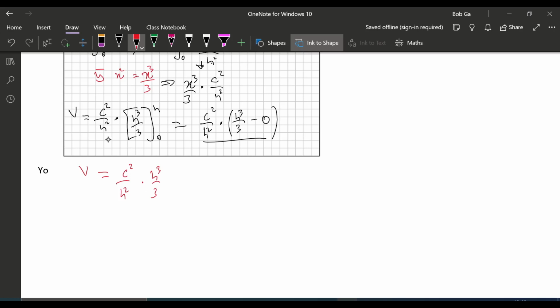Minus 0 is still the same thing there. So we have h cubed at the top and h squared at the bottom. These will cancel, and we're going to be left with only one h, h to the power 1. So this is going to give us c squared dot h over 3.